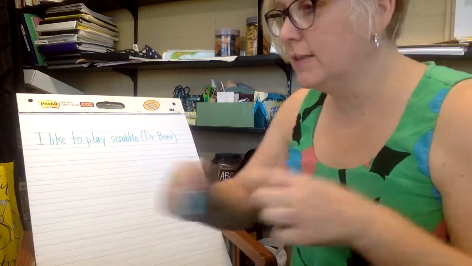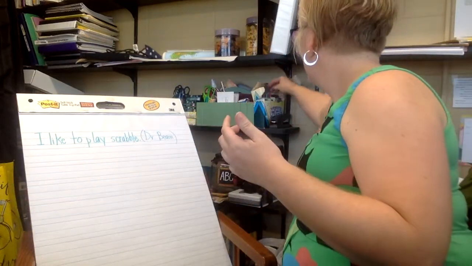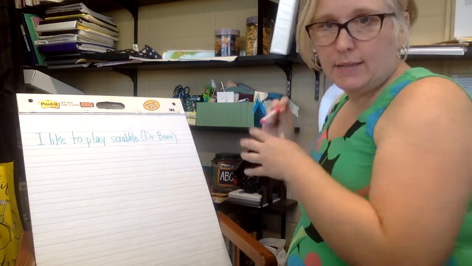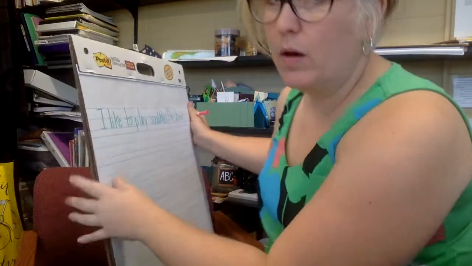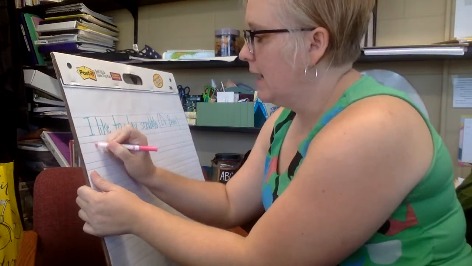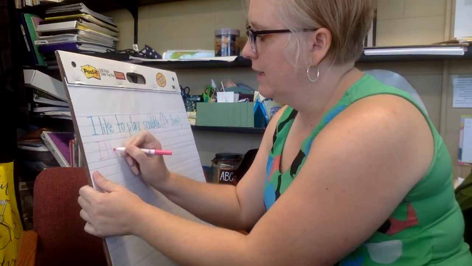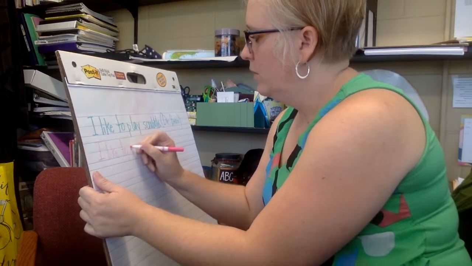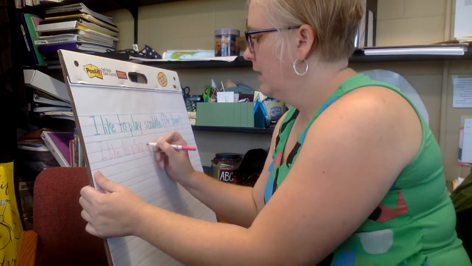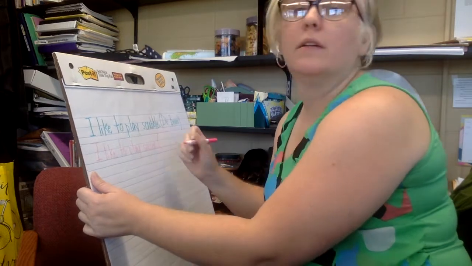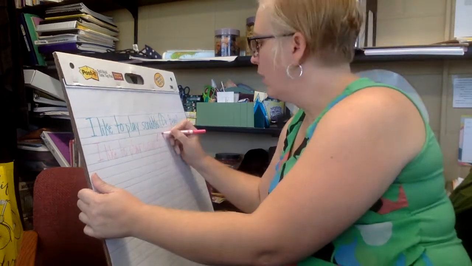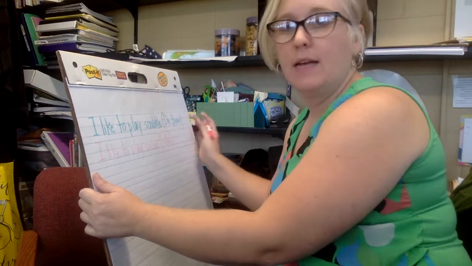And then I go on to the next student in my class. I call on someone else and say, what do you like to play? And they might say, "I like to play soccer." So then I'm going to write that sentence again: I like to play soccer. And let's say that Joe said this, so I'm going to write Joe's name in here.